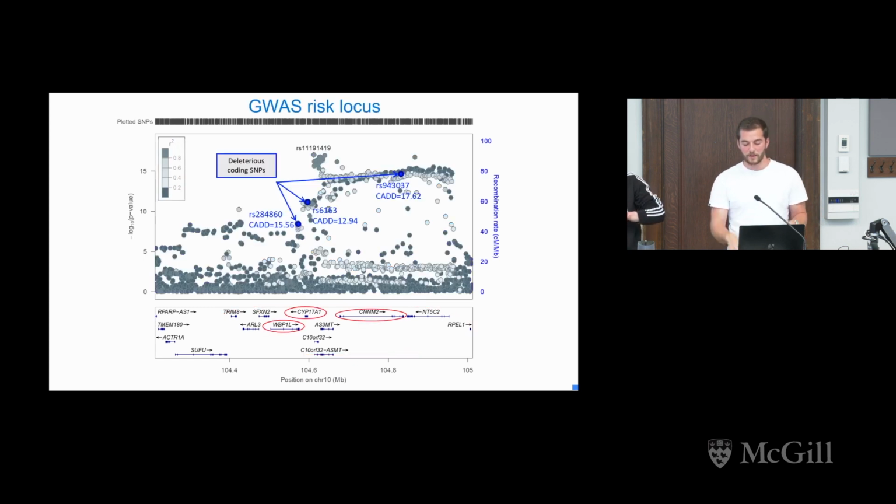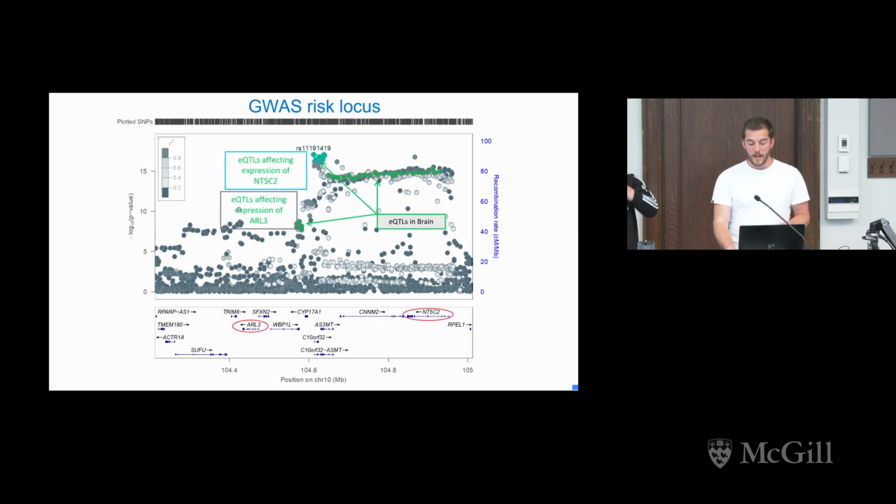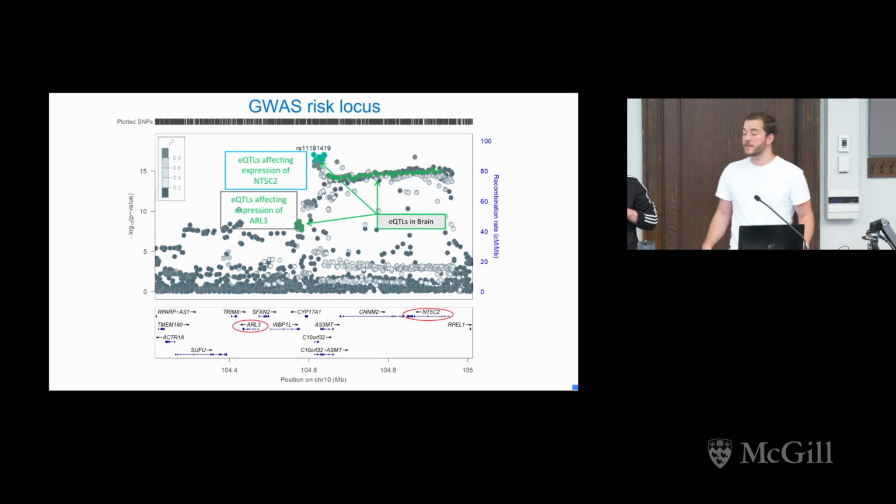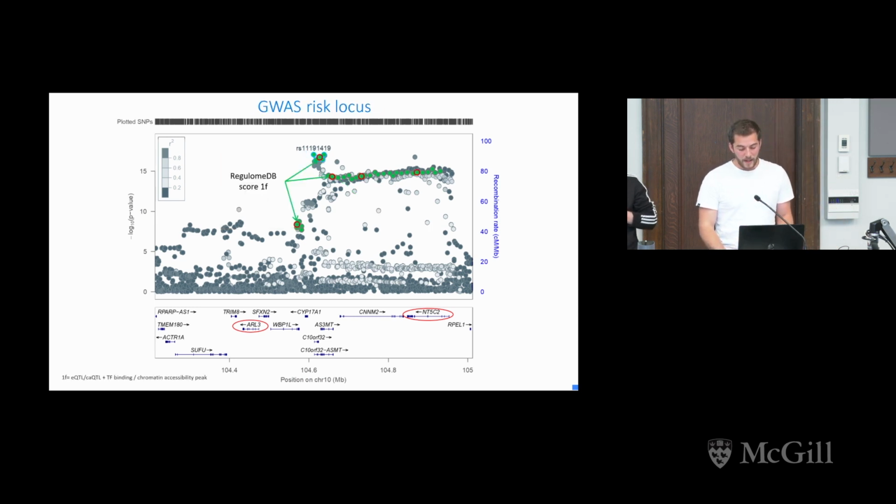But here are some additional functional annotations. We see that there are 3 variants that are predicted to have very deleterious effects on the coding regions of 3 genes. We see that there are quite a lot of eQTLs that affect the expression of some genes in brain tissue.